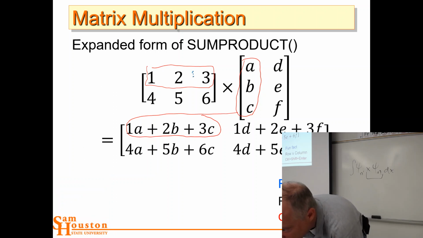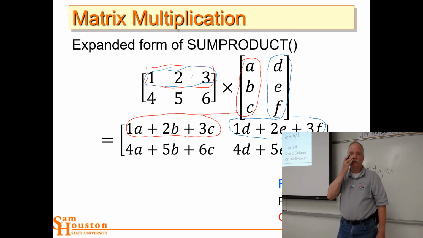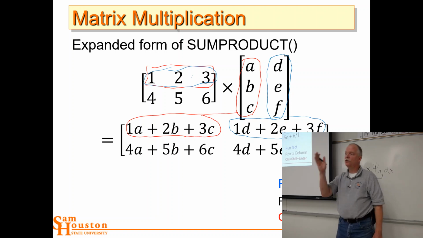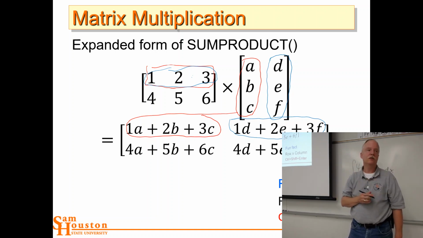Then we take that same top row, and it just sweeps through this matrix. Then it comes through and grabs this second column, and that becomes the top row, because it was the top row initially, and it becomes the second column value. So the top row yields the top row of both of the numbers in our result. And then as it sweeps through each column, it yields the different columns of numbers in our result.